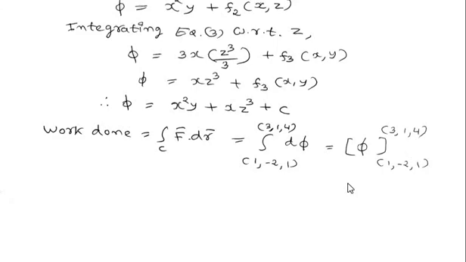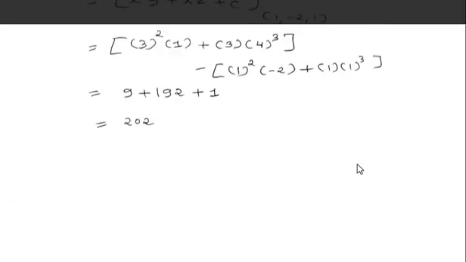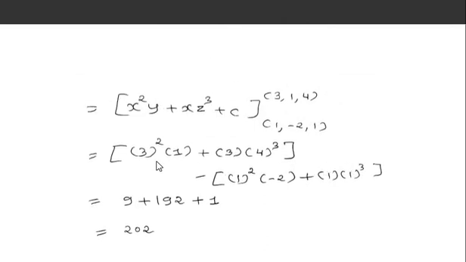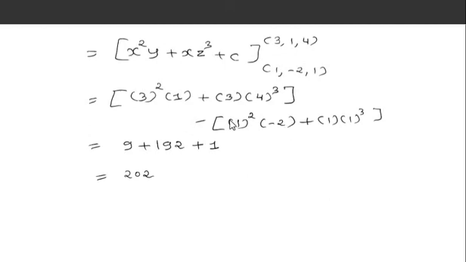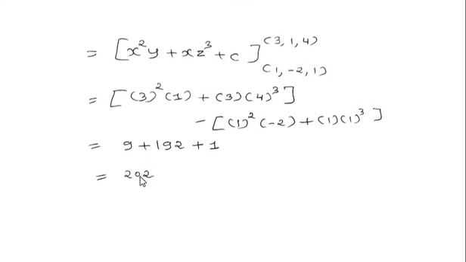Then, with a minus sign, for the lower limit you replace x by 1, y by −2 and z by 1. This is done over here. Now you have to simplify this result, and after simplification you will get the answer 202.